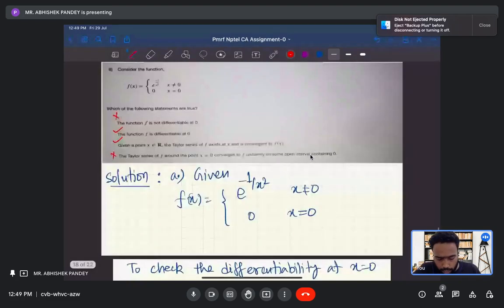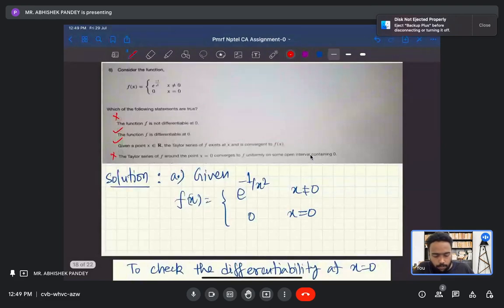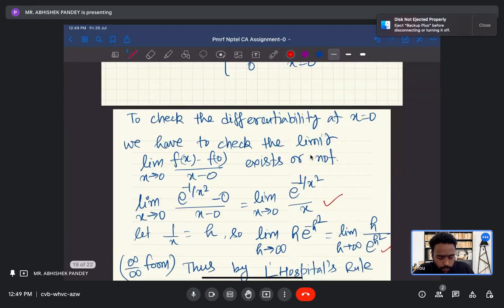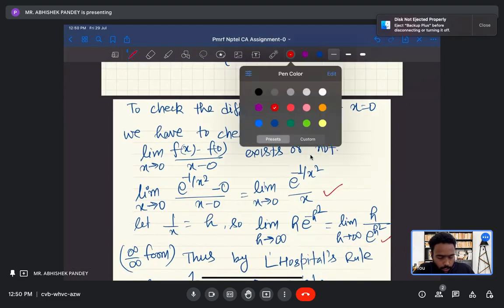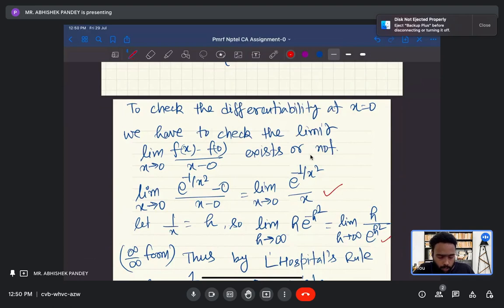It is regarding the Taylor series of the function and differentiability. Given the function f of x is equal to e to the power minus 1 by x square when x is non-zero and 0 when x is equal to 0. To check differentiability at x equals 0, we need to check whether this limit exists. The limit as x tends to 0 of (e to the power minus 1 by x square minus 0) upon (x minus 0) equals the limit of e to the power minus 1 by x square upon x.